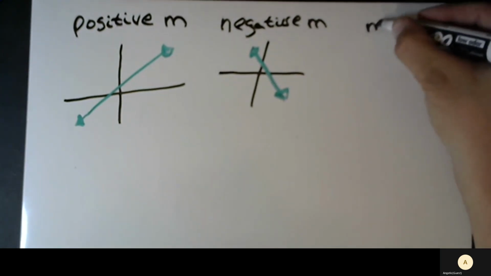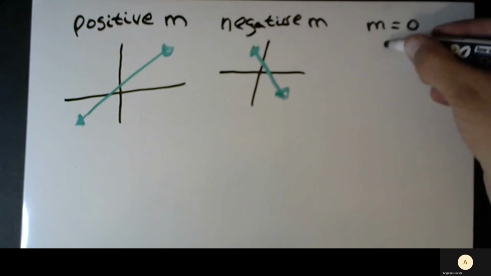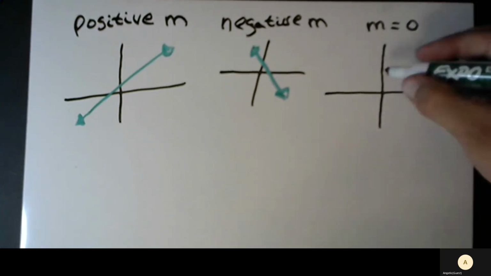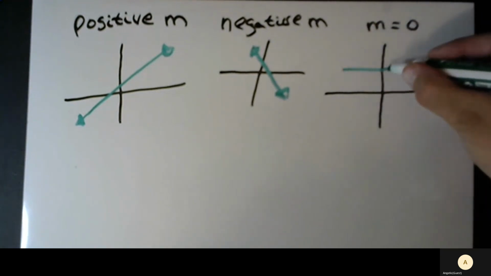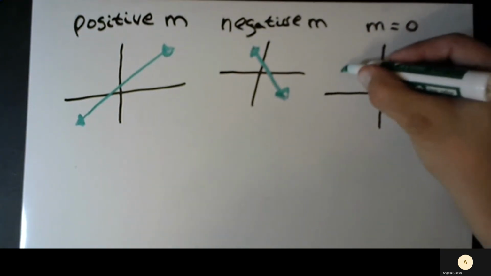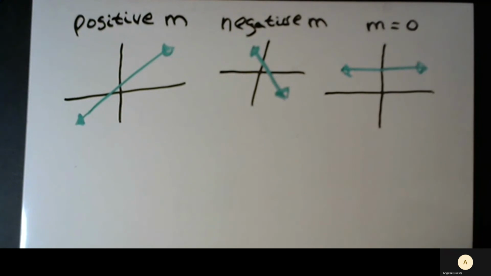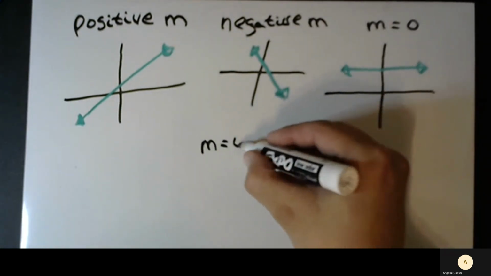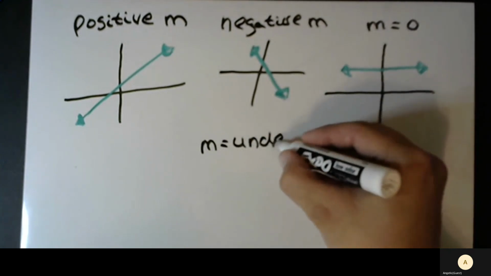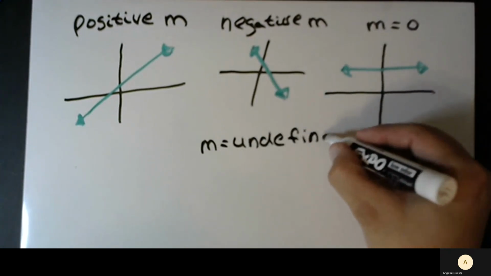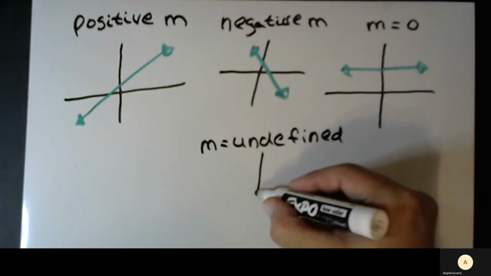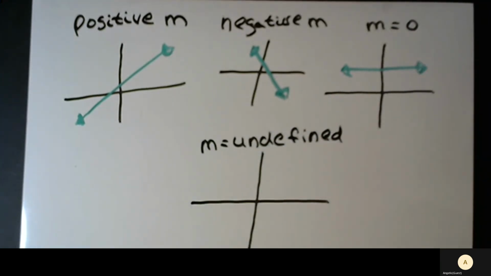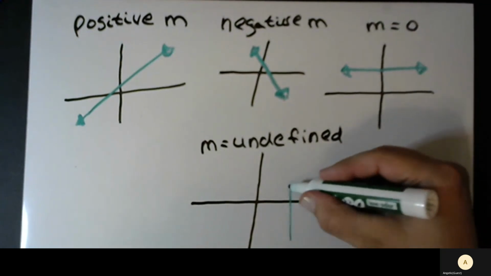For m is 0, we'll get a perfectly horizontal line, slope of 0. And then for m is undefined, we'll get a perfectly vertical line.